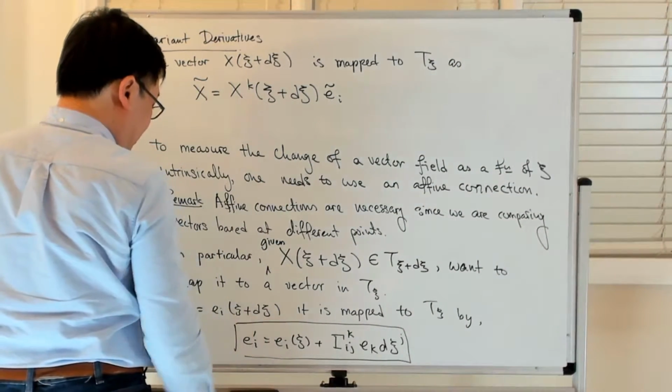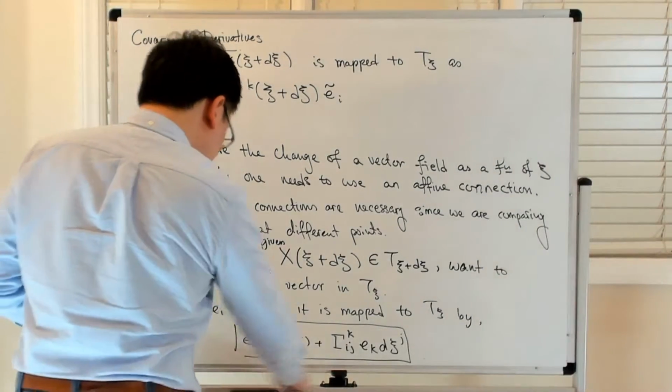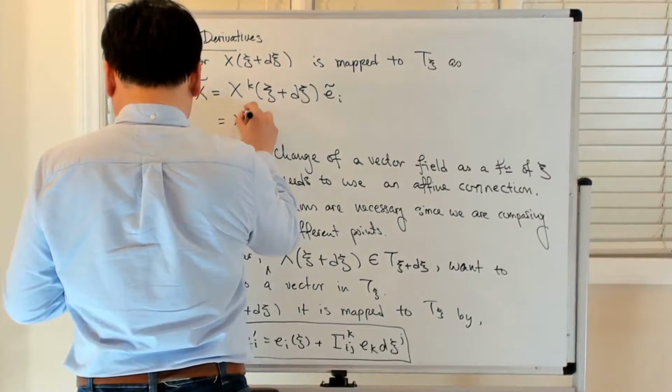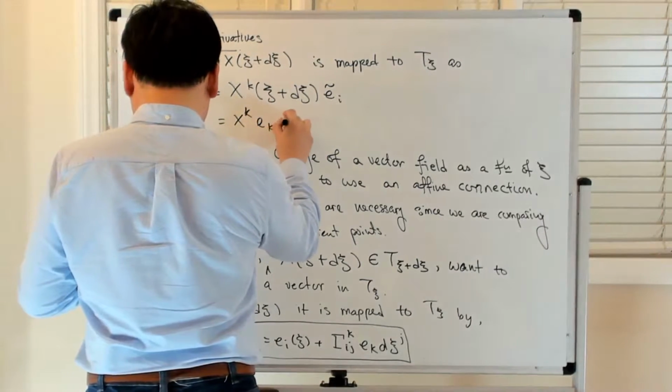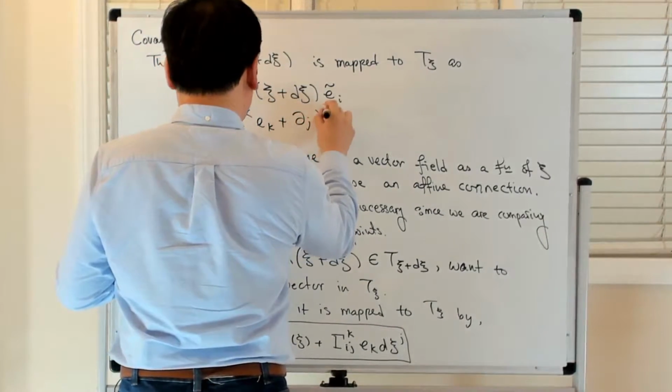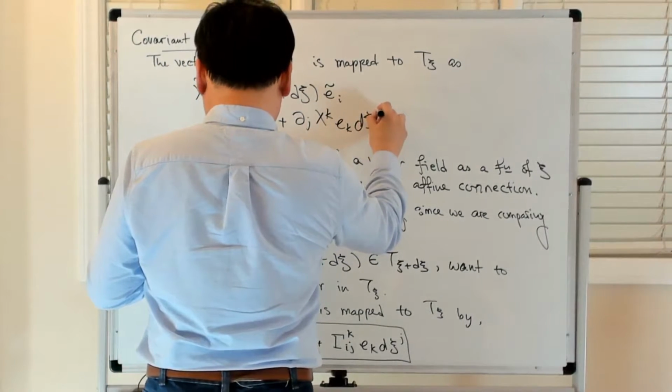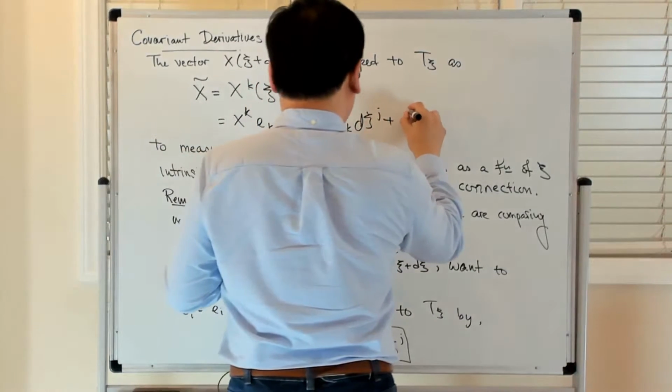It's given by this expression here, and then what I get is x^k e_k plus d_j x^k e_k, plus the connection coefficients.